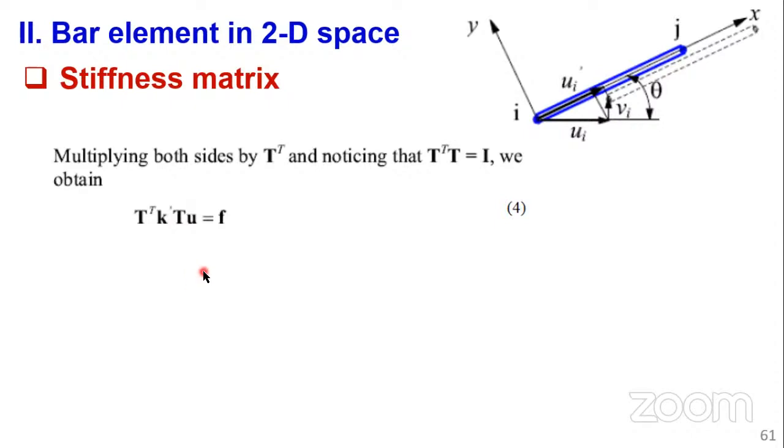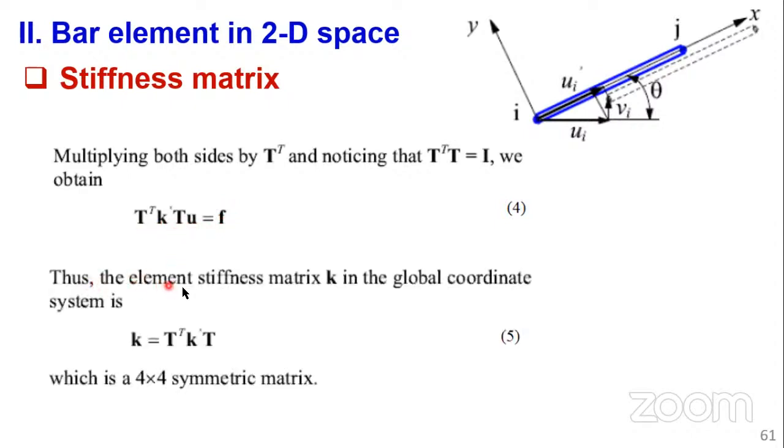Now, with this, remember the form of our global finite element equation, or even the elemental finite element equation. We say F is equal to KU.